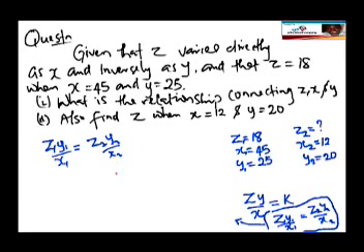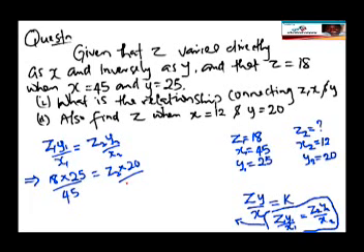And when we begin to substitute our values, we'll have it as 18 times y1, which is 25, over x1, which is 45, is equal to z2, which is what we're looking for, z2 times y2, which is 20, over x2, which is 12.